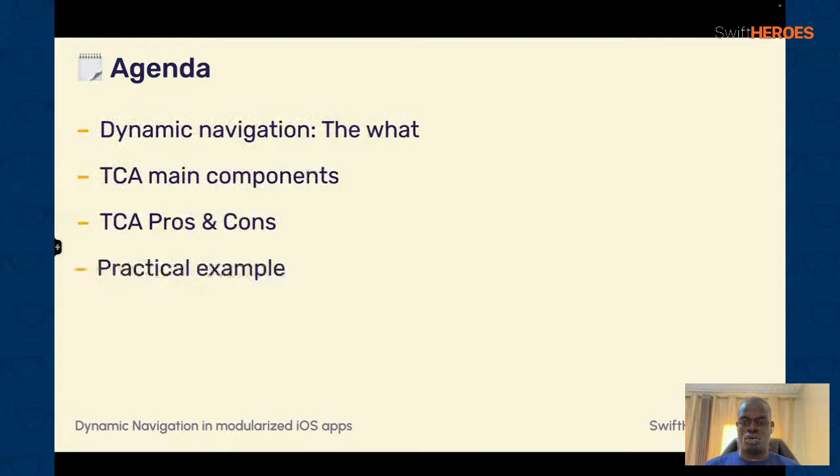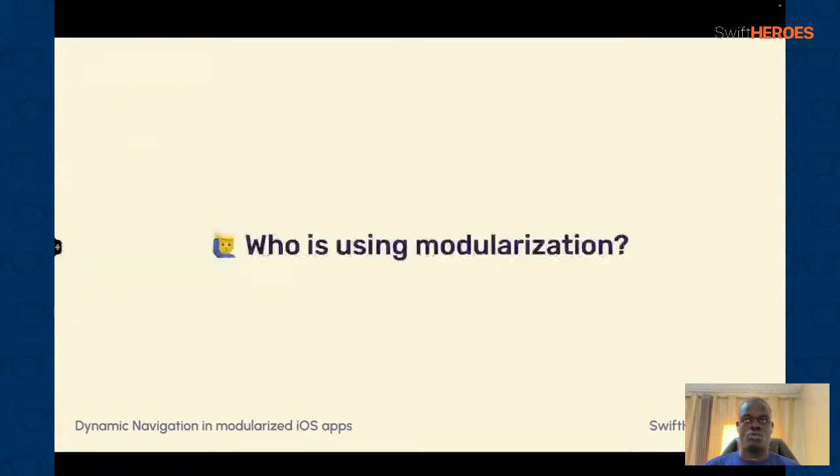So let's see what we are going to talk about today. We are going to talk about dynamic navigation. What do we mean by dynamic navigation? So, who is using modularization right now?